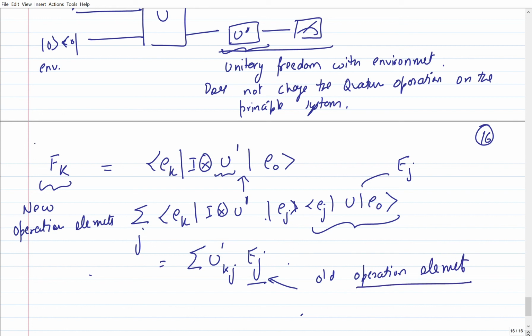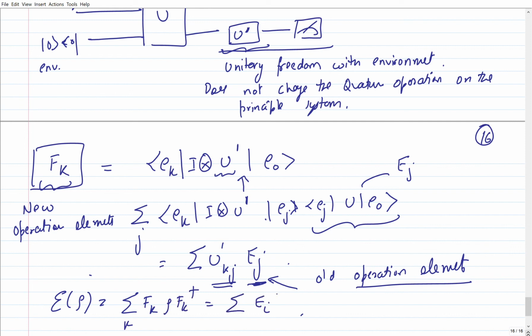So the new operation elements are related to the old operation elements by elements of a unitary matrix, where I had the same quantum operation. Different operation elements give rise to the same quantum operation, and they are related to each other by elements of a unitary matrix.